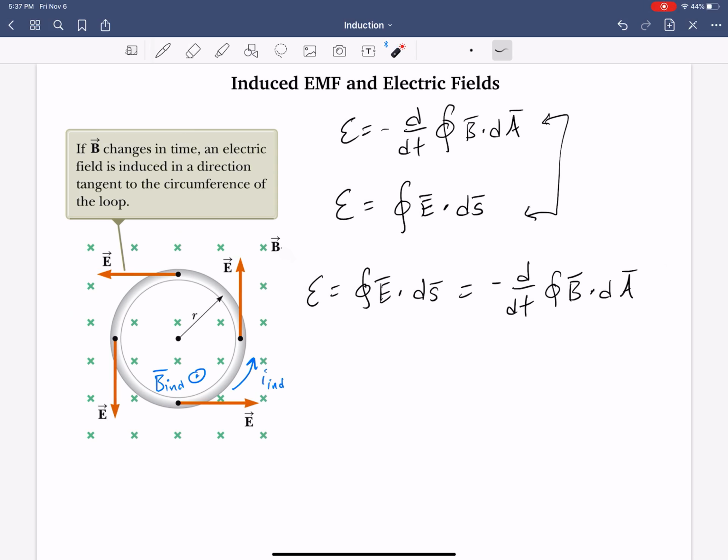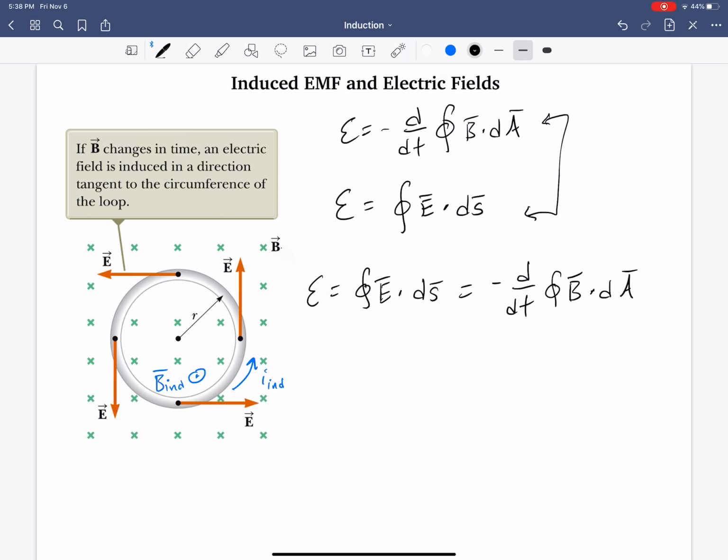The hint as to the fact that there is an electric field in the first place is, if you think of these charges initially at rest, how do they get in motion? Well, there has to be some force on them, right?